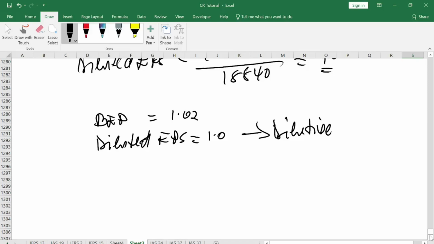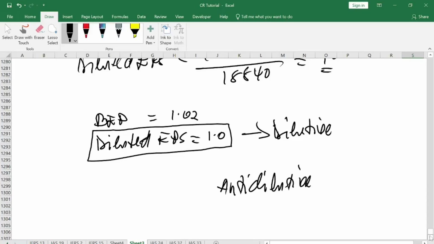But if your diluted earning per share is more than the basic earning per share, we call it anti-dilutive.